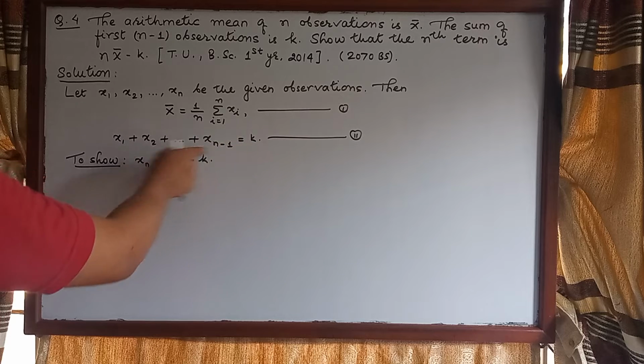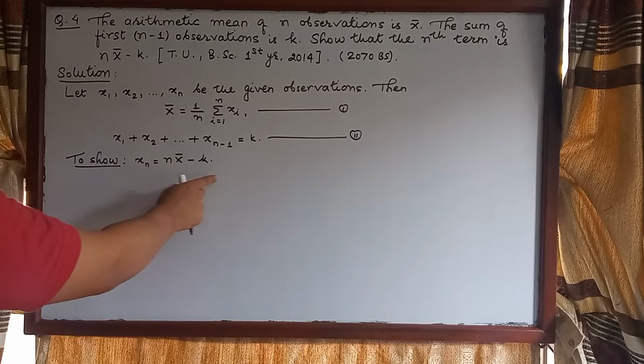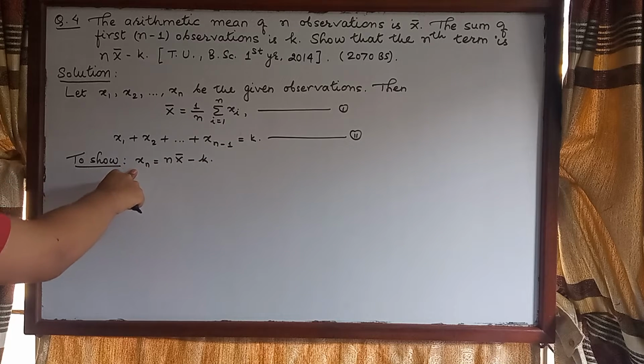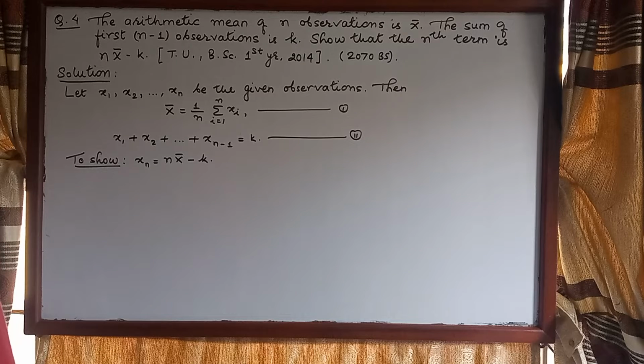You can take this value of k from here and substitute it right here, simplify it and get xn. Okay, you can do it like that also, but I'm going to do it in a little different way. Let's see.